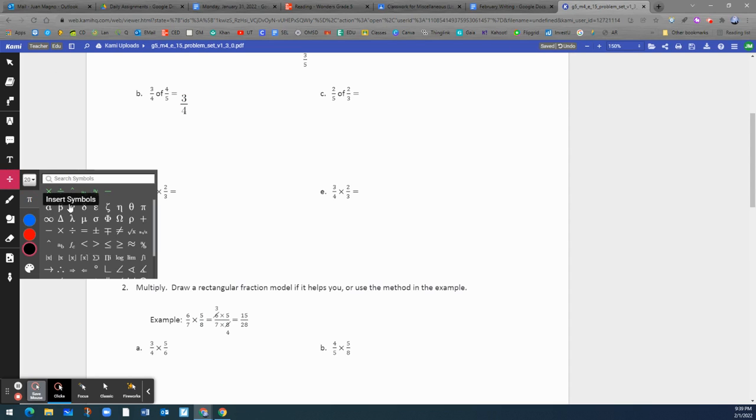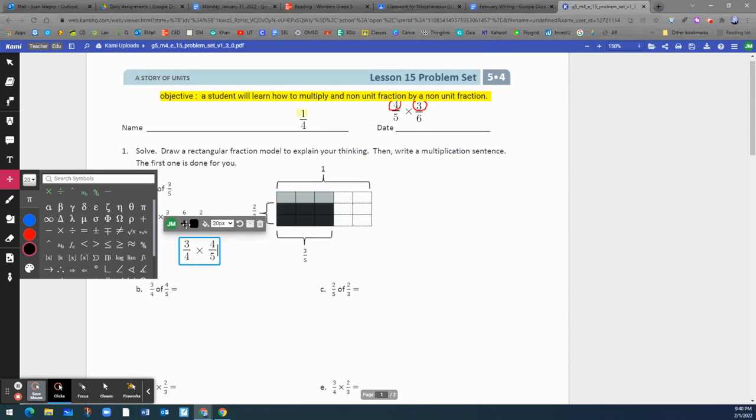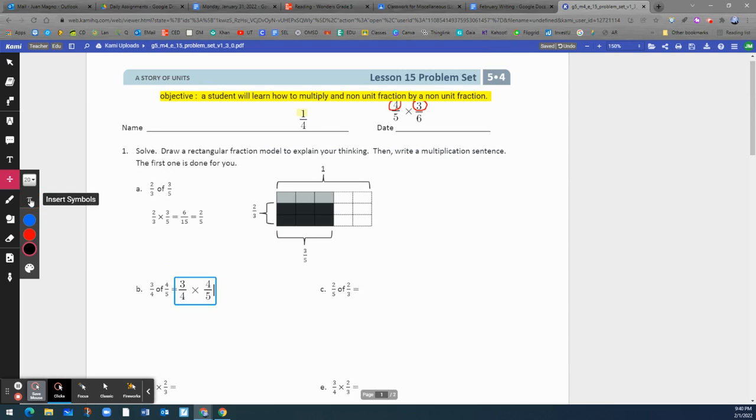So let me insert a multiplication symbol after the 3/4, and it's going to be times 4/5. Very simple, right? That is the setup of this multiplying fraction times a fraction.